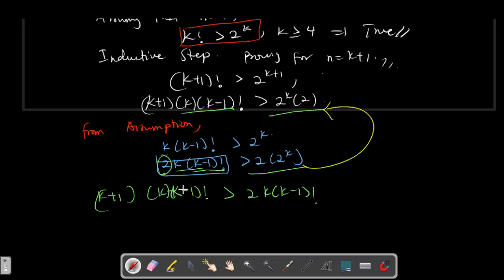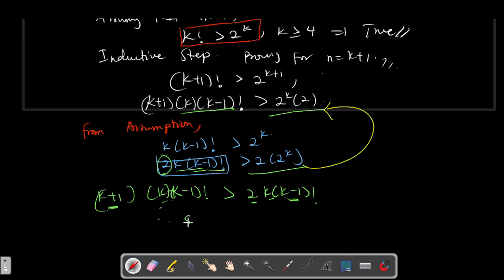So this expression here is greater than this expression because 2 is smaller than what? This, because k already in our proof is greater than 4. And we have k here, we have k here, we have k minus 1 factorial, we have k minus 1 factorial, where we know that 2 to the power k, this expression is bigger than already.